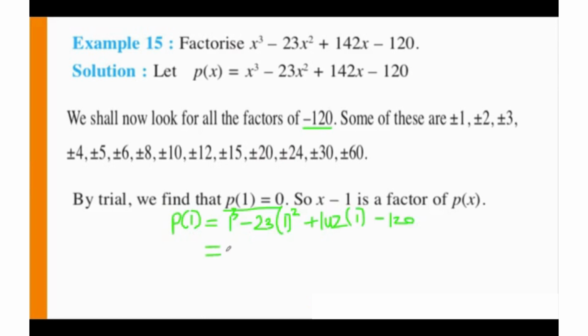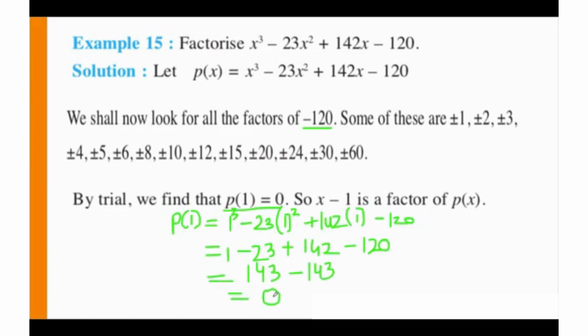So that is 1 cube is 1, minus 23, plus 142, minus 120, and that actually gives me 143. I'm adding the positive ones: 1 plus 142 is 143, and minus 23 minus 120 is minus 143, and that gives me 0.